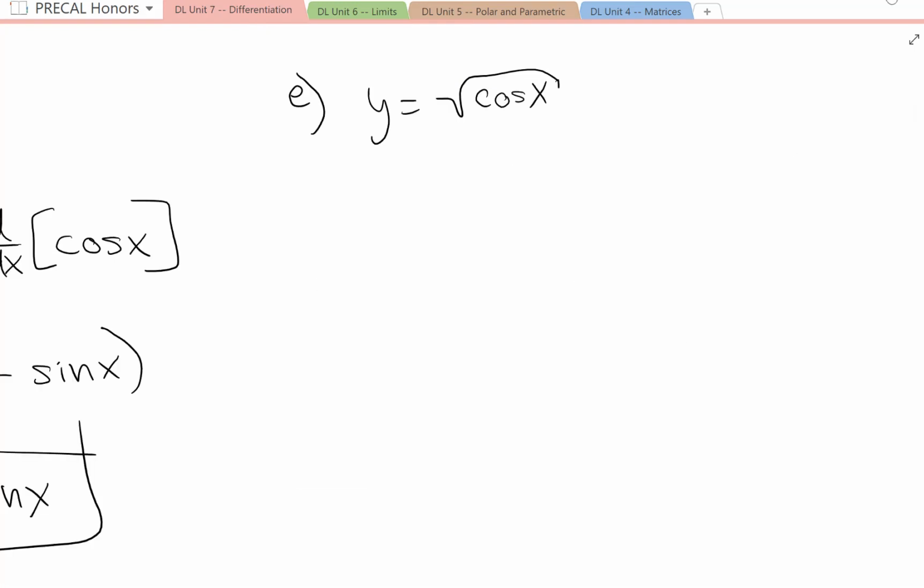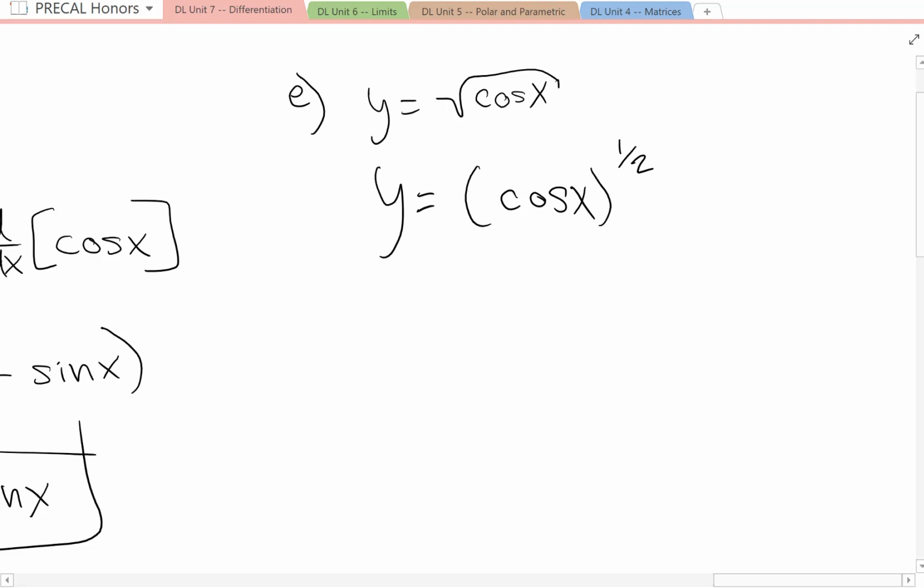For this one, we rewrote it as a power, so you had cosine x to the power of 1/2. Again, the trig function is the inside function, and the power or root is the outside function. So we'll derive similar to the way we did before. Pop down.